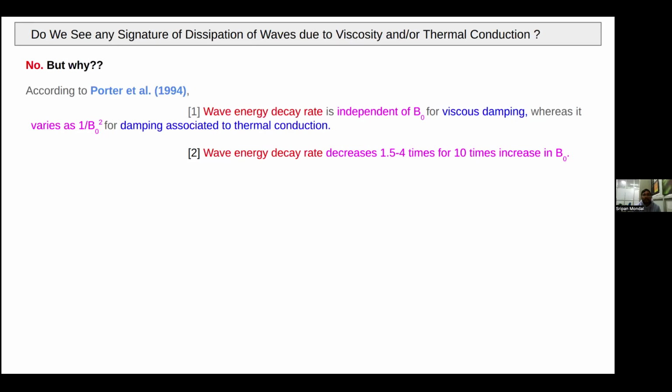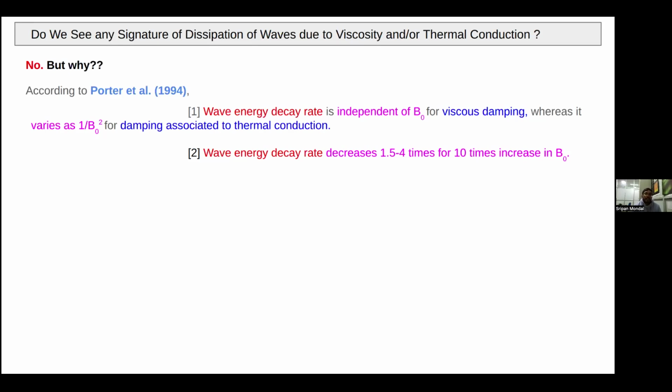do we really see any signature of dissipation in the present simulation? The answer is no. But why? The reason lies in these points put forward in Porter et al.